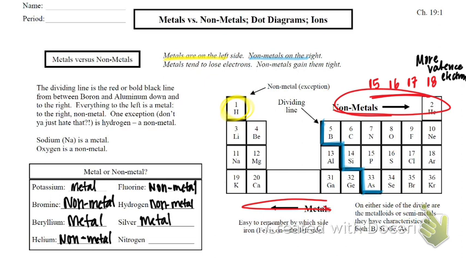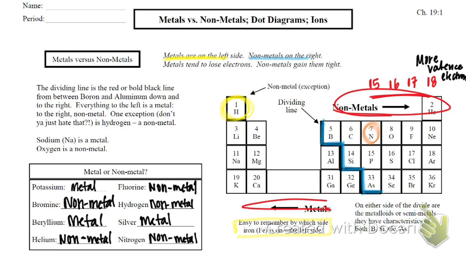And then nitrogen. Yeah, non-metal. So just be sure, even if you think that doesn't seem like a metal, check where it's at on your table. Their little memory device here: iron is on the left side, and that's where the metals go. Okay?